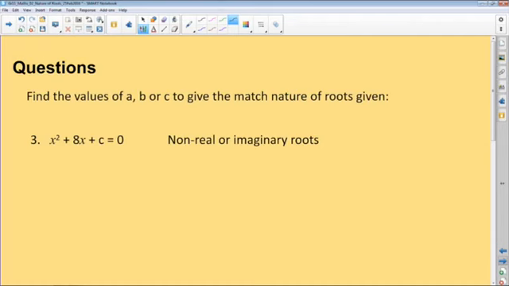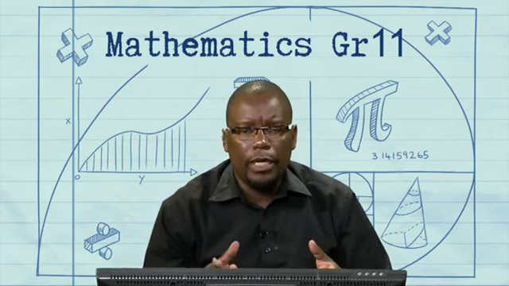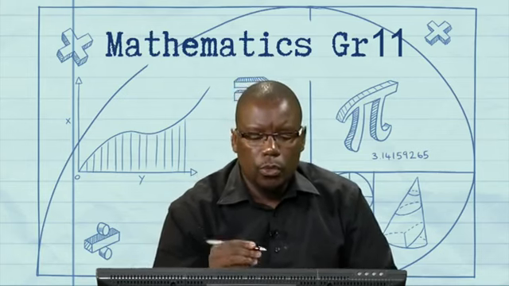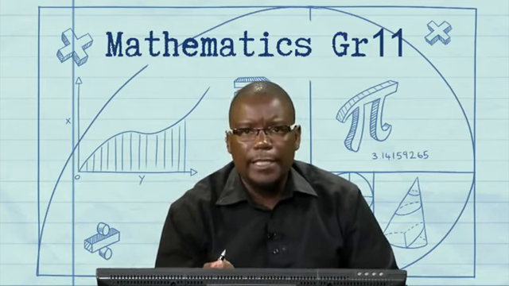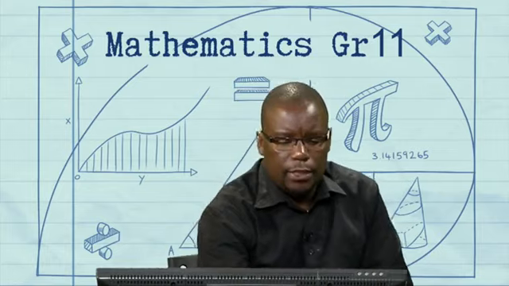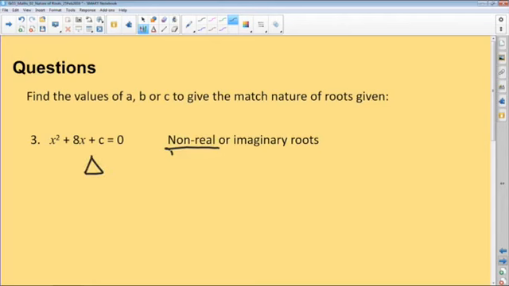Now, find the value of c to give this non-real roots. What happens if we're working with non-real roots? Your square root, you'll get a square root of a negative number. So in other words, your discriminant should be less than 0. Now, what's our discriminant? That's b squared minus 4ac should be less than 0.